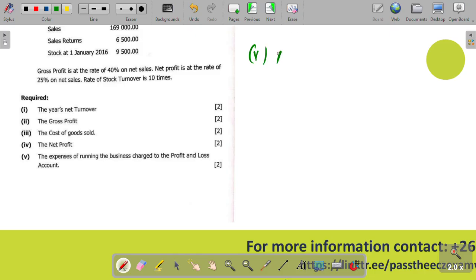Let me write here, we are calculating the expenses.